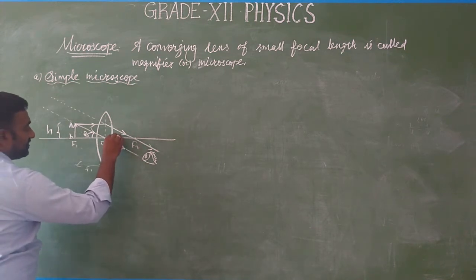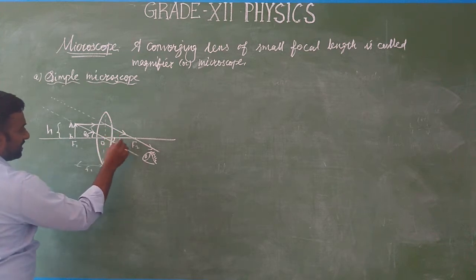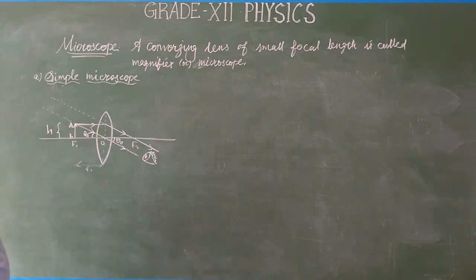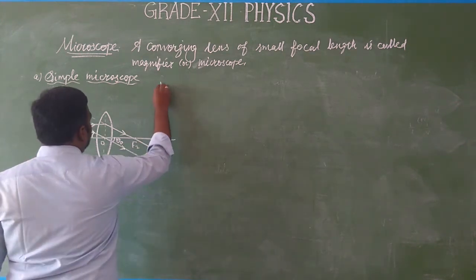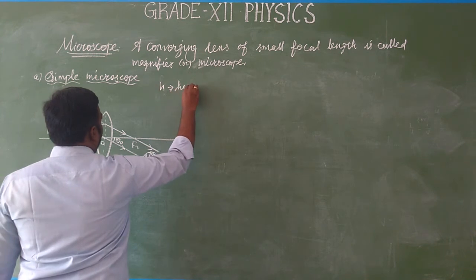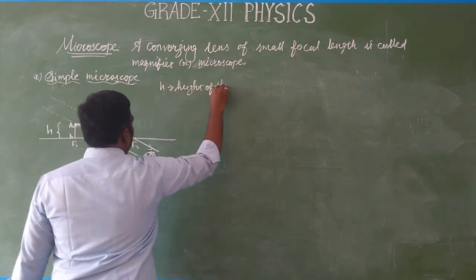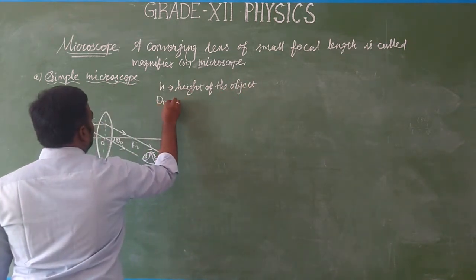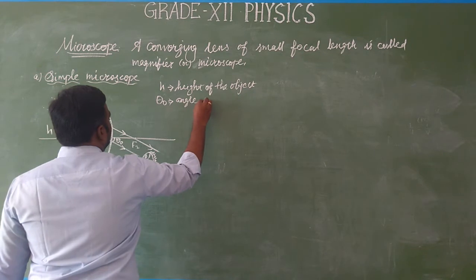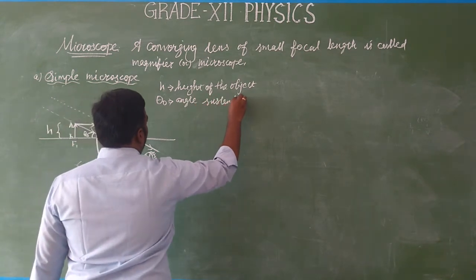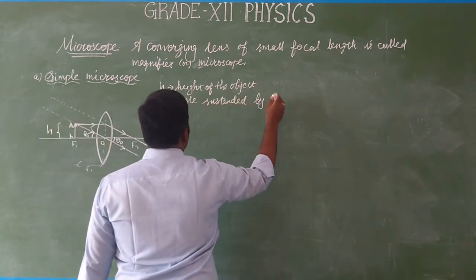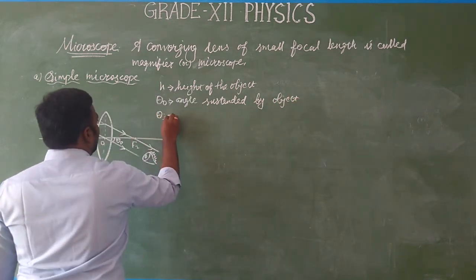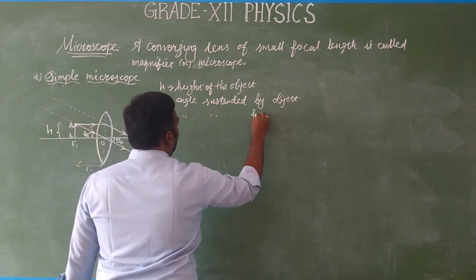The image forms an angle from the rays, theta I. Here h is the height of the object, theta O is the angle subtended by the object, and theta I is the angle subtended by the image.